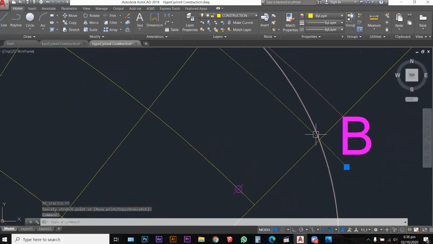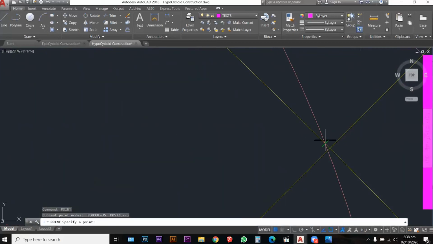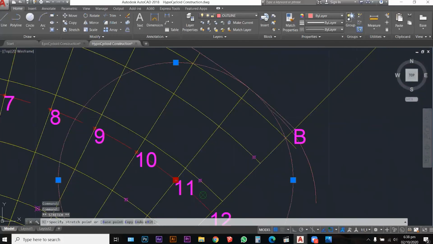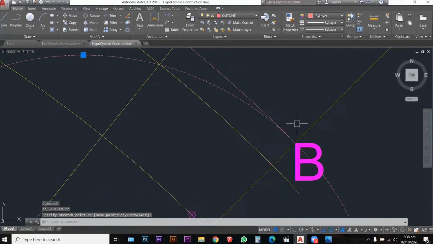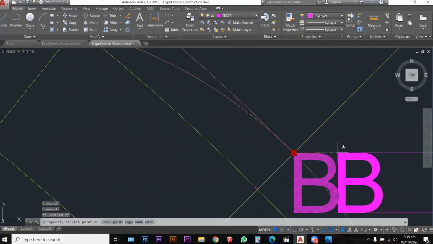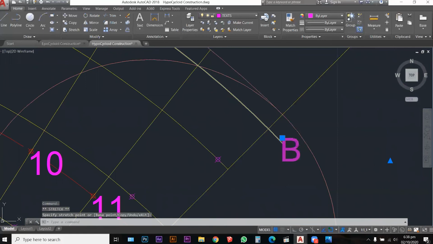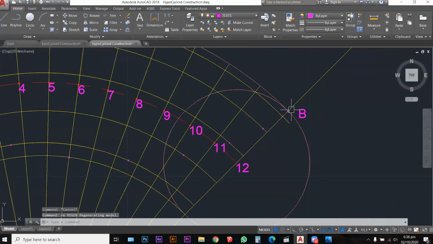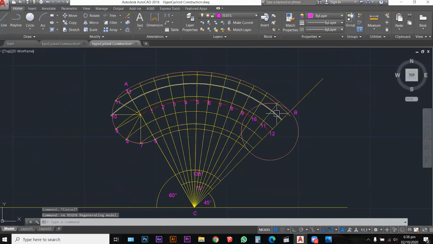And then the circle is at 11, it's right there. Right. And I know where the last point is going to be. The last point is on B. Let me just move B slightly out of the way. Let me place a point there. Okay. So I have all my points in.